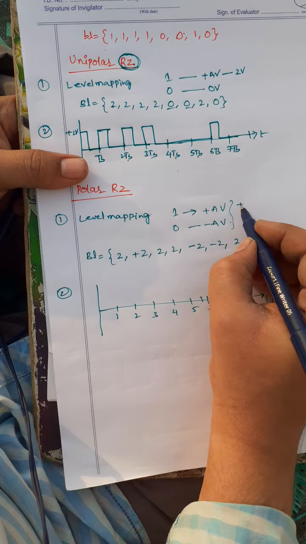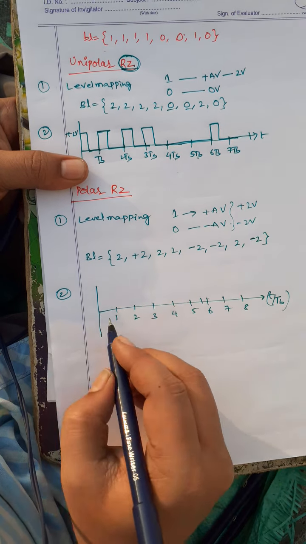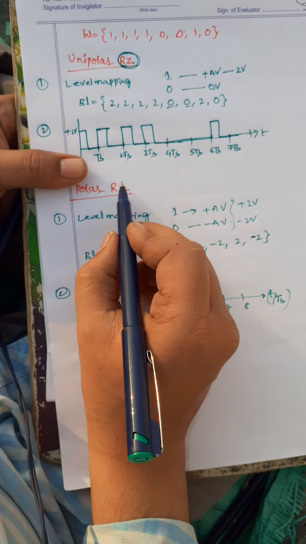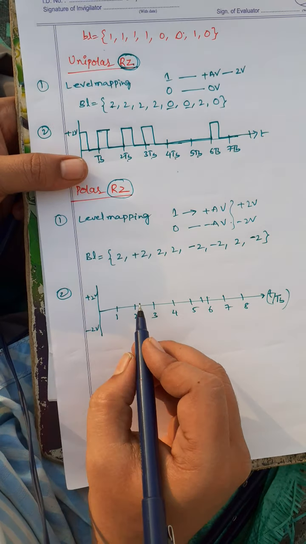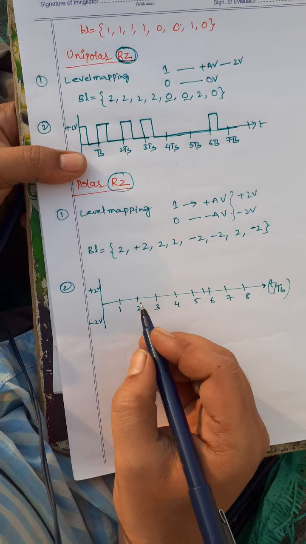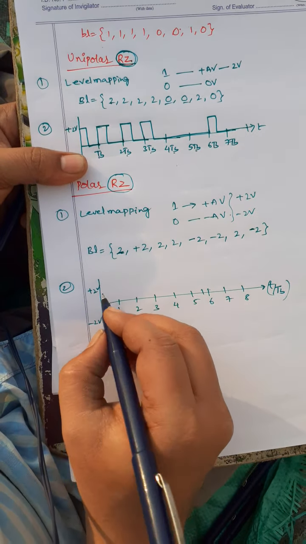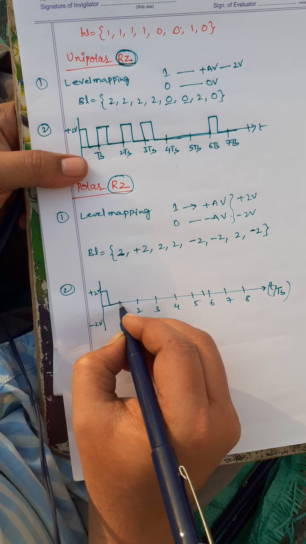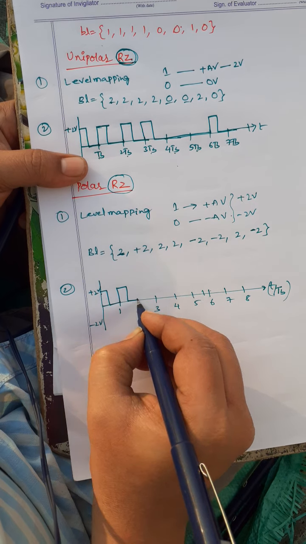Two voltage levels, that is plus 2 volts and minus 2 volts. What type of pulse is available? Return to 0, means within tb duration the pulse is returned to 0. The first level is 2 volts. Second level is also 2 volts.